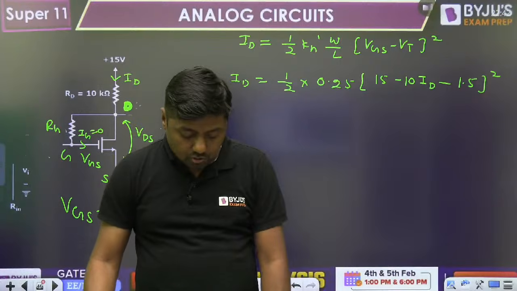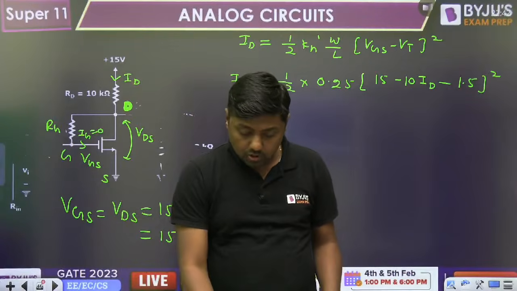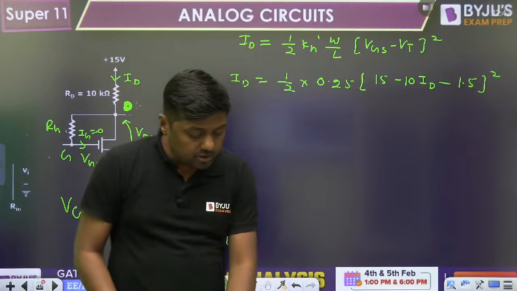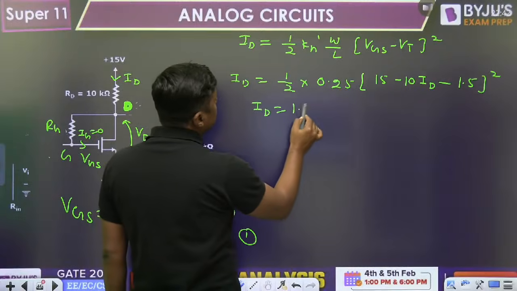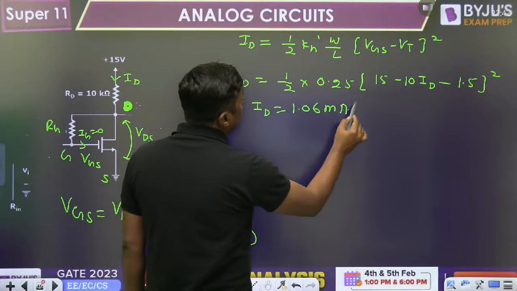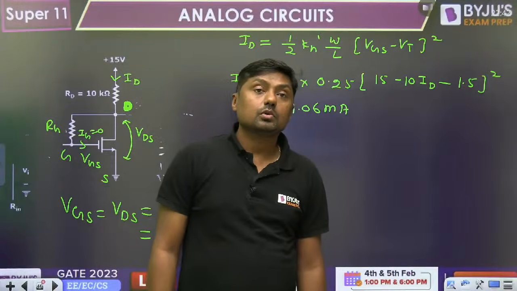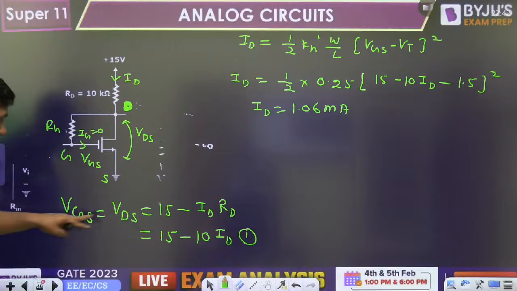You can solve this quadratic equation. I am going to give you the answer only. With the help of the quadratic equation, you will find 1.06 milliampere.